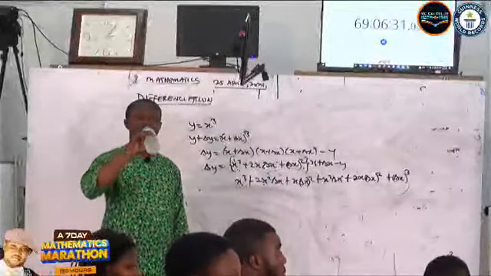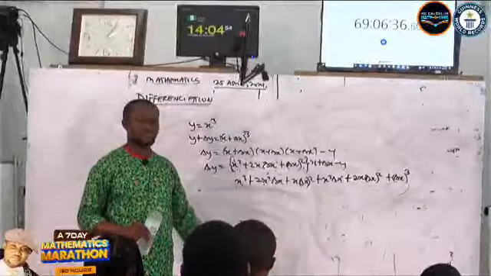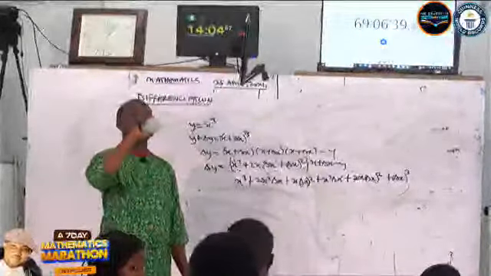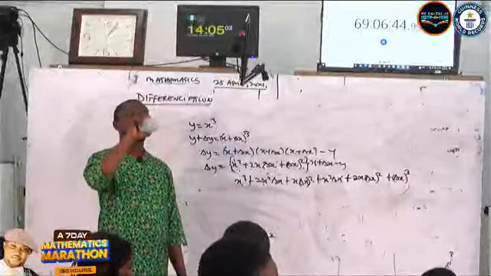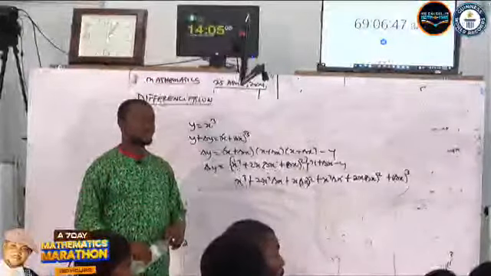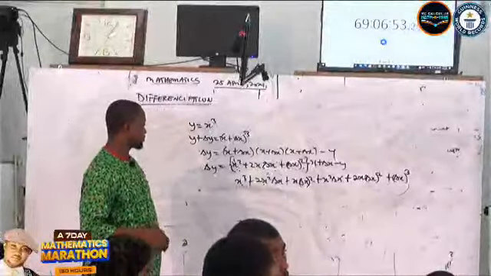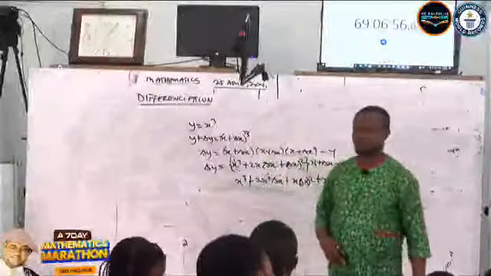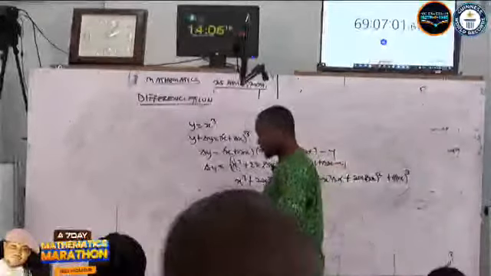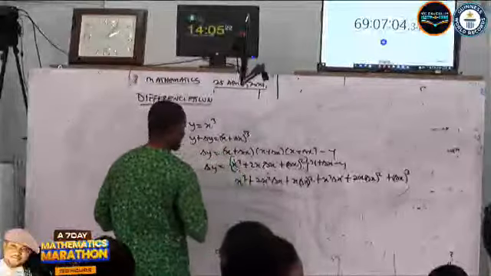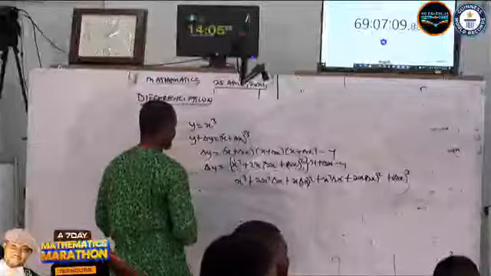We expand this. Is that correct? Now if you expand that, minus y, and y was x cubed.